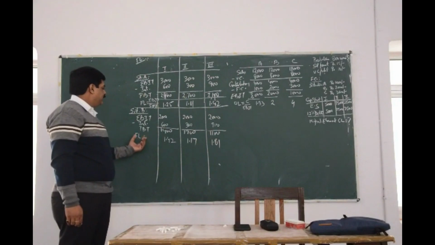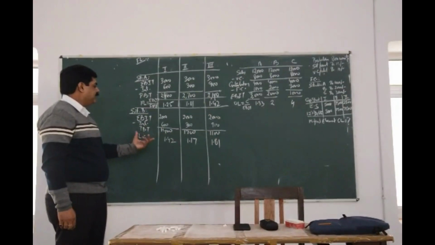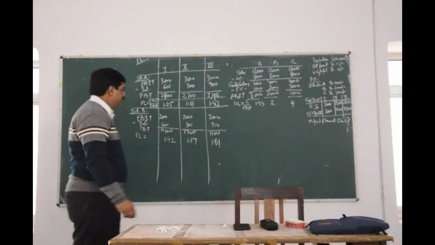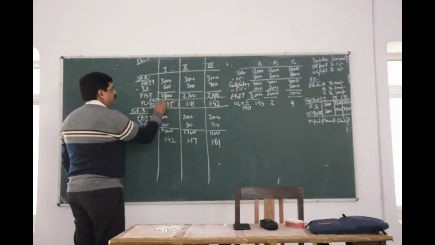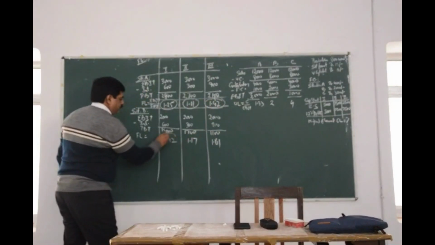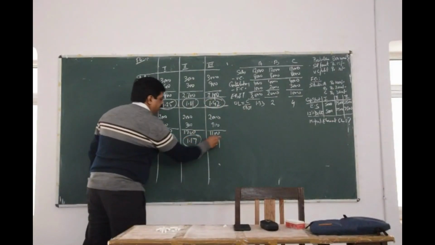So situation B, we are having three financial leverage: 1.42, 1.17 and 1.81. So this is for situation A and this is for situation B, financial leverage.